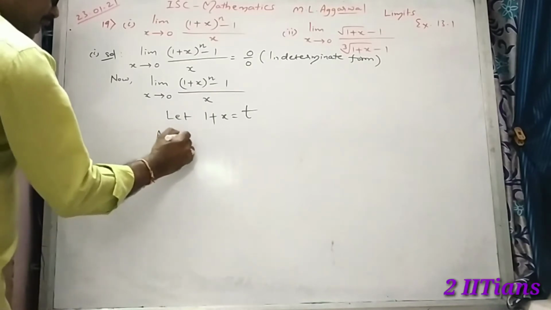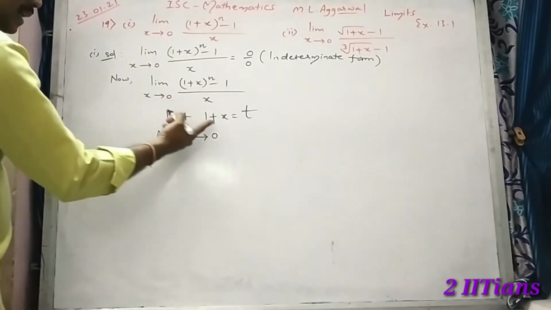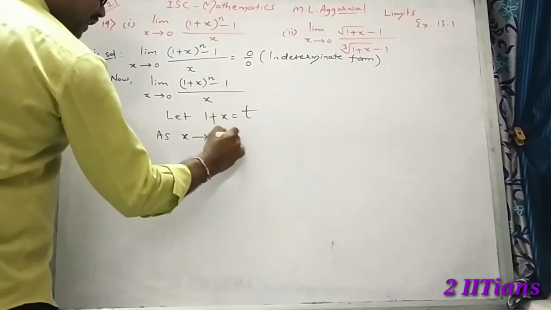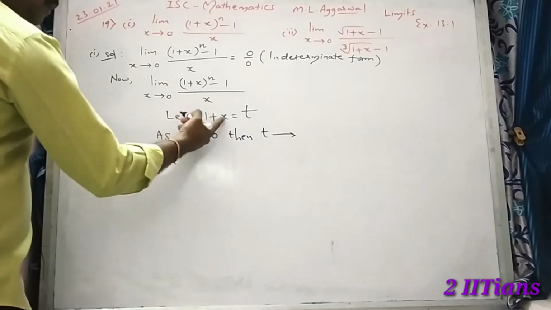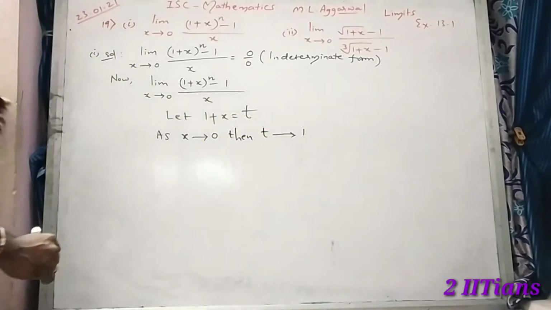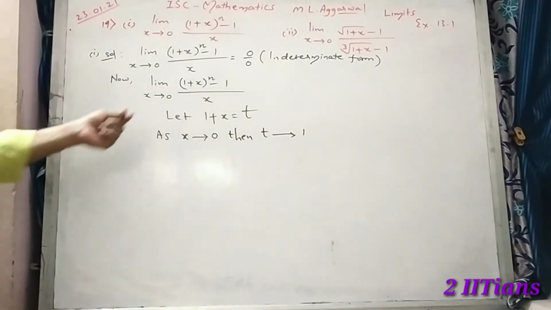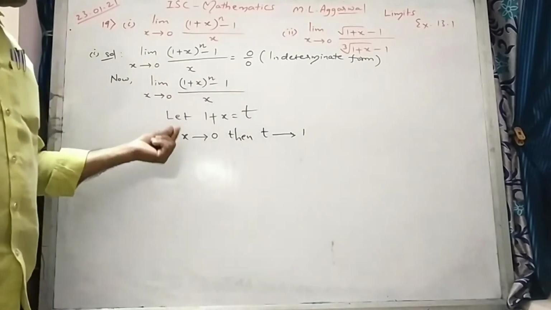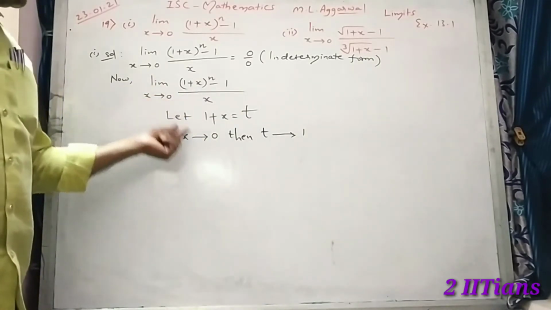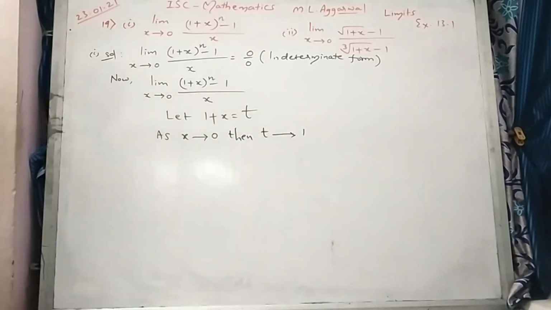As x is tending to 0, means in the place of x keep 0, then t is tending to 1 plus 0, how much? 1. Did you understand here? I will repeat. Let 1 plus x value be t. As x is tending to 0, put x value 0 here, t is tending to 1.